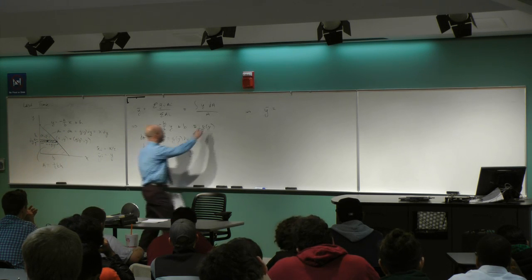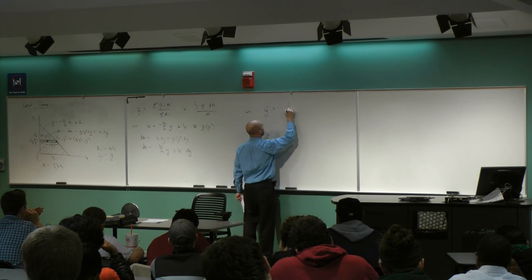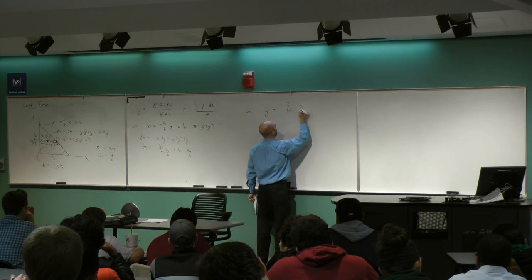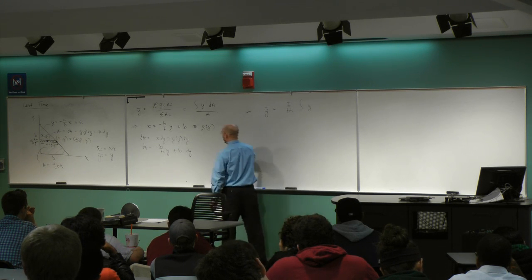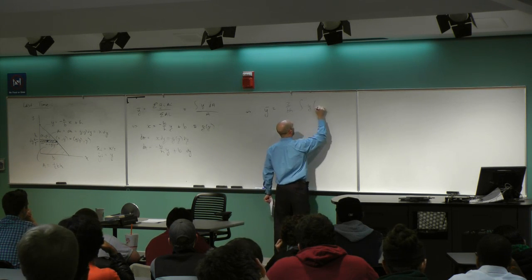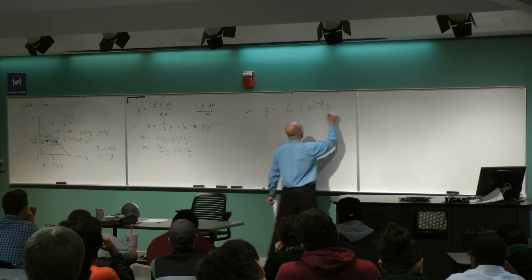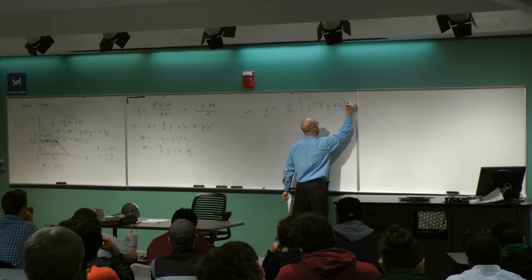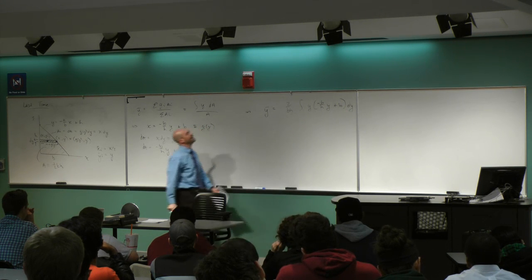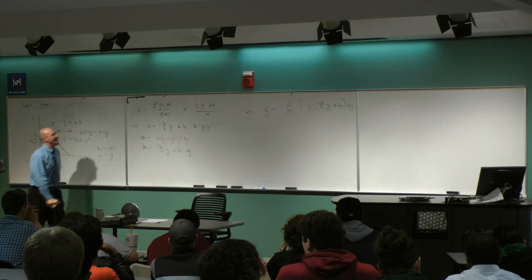So I'm going to have 1 over the area, 2 divided by bh, times an integral of y times dA. dA is this, right? It's minus b over h times y plus b. And now I'm integrating with respect to y instead of with respect to x.